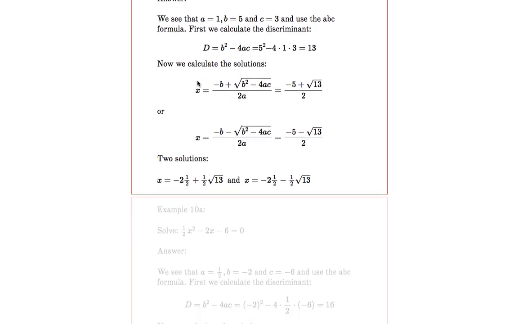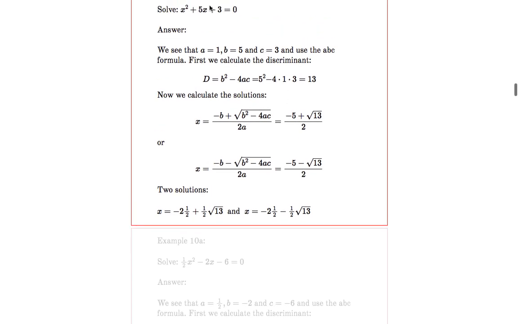So if we calculate the formula, this is the b, so that's the 5. This 5 goes here. This 13 goes here. And 2a is 2 times 1 is just 2.